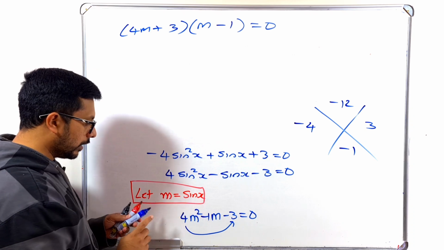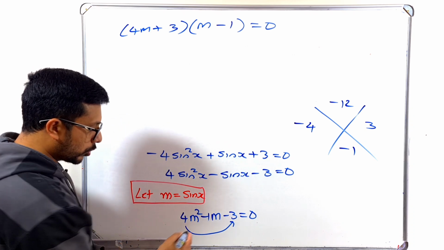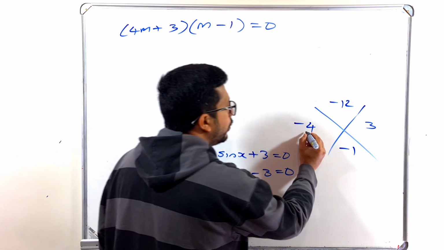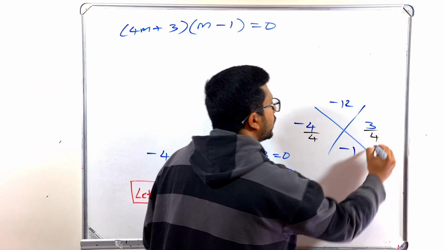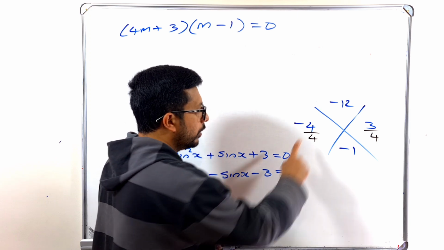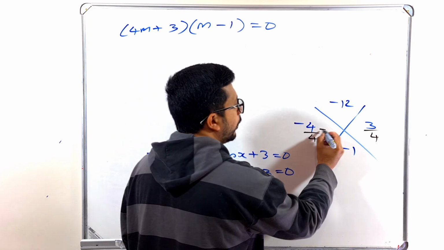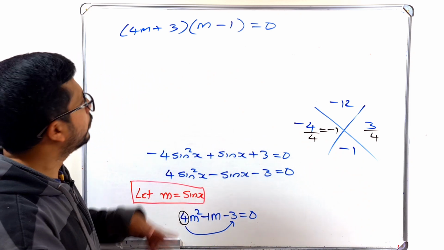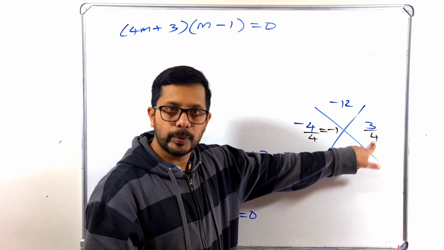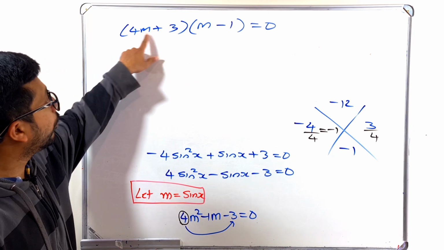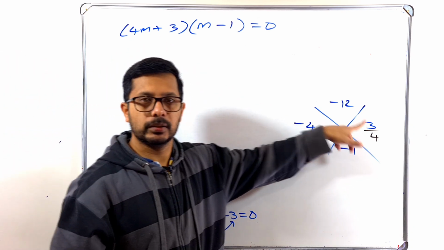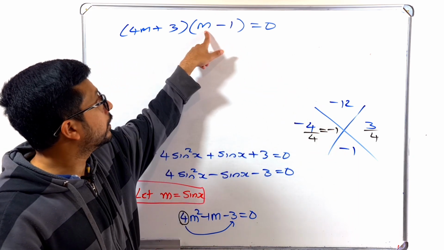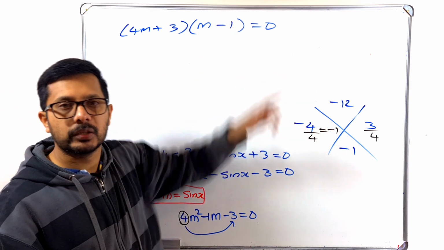What is the coefficient of m square here? It is 4. So you divide both by 4. Minus 4 divided by 4 is minus 1. 3 by 4, just leave it like that. Now the denominator 4, you write it like this, 4m, then the numerator 3. So 4m plus 3, then m minus 1 is equal to 0.